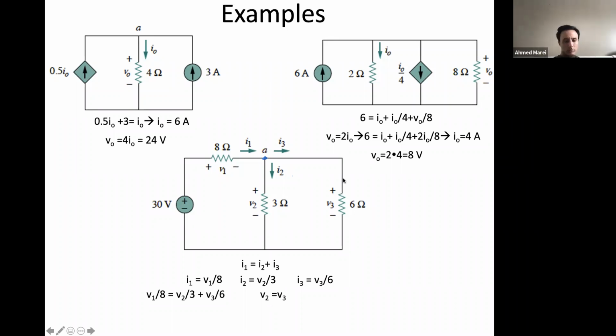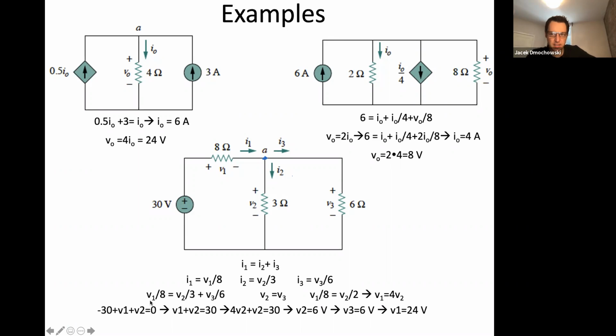Notice that V2 and V3 have the same connections on the top and at the bottom, so they are guaranteed to be equal, which is very nice because we've effectively eliminated one of the variables. When we substitute that in, we have that V1 is equal to 4V2. The way I got this equation is by substituting V2 for V3 in this equation.